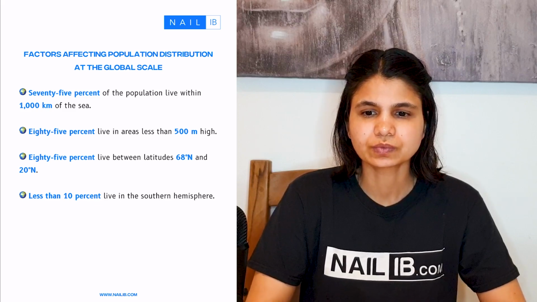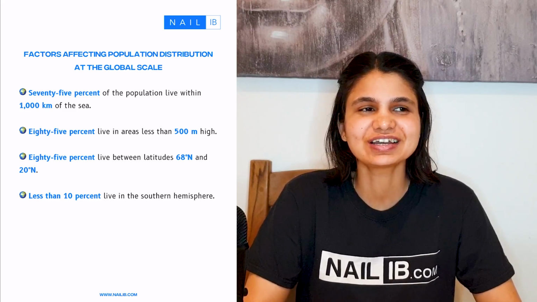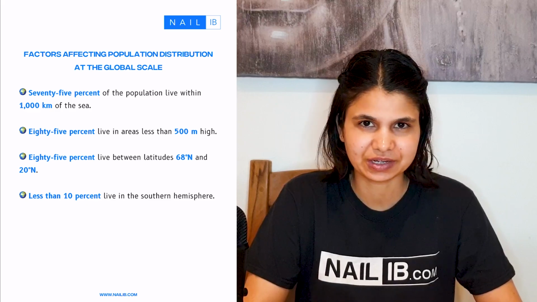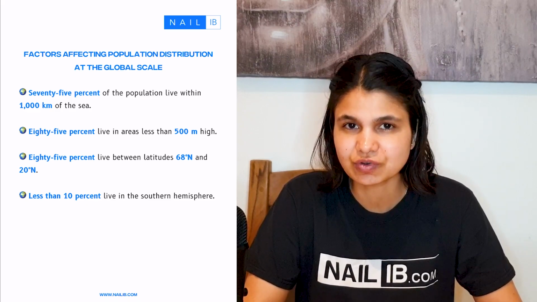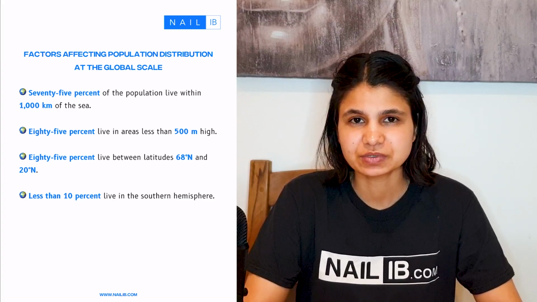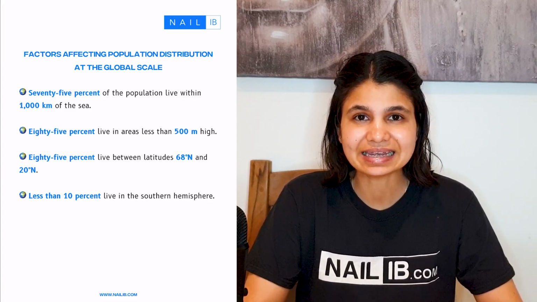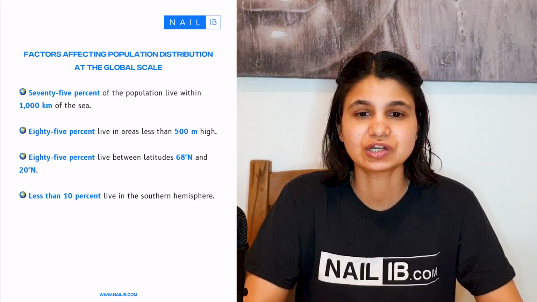Okay, so just to give you some numbers, population distribution is not even, and you know that it's quite uneven in terms of how population is distributed throughout the world. 75% of the population, the majority of the population, lives within 1,000 kilometers of the sea.